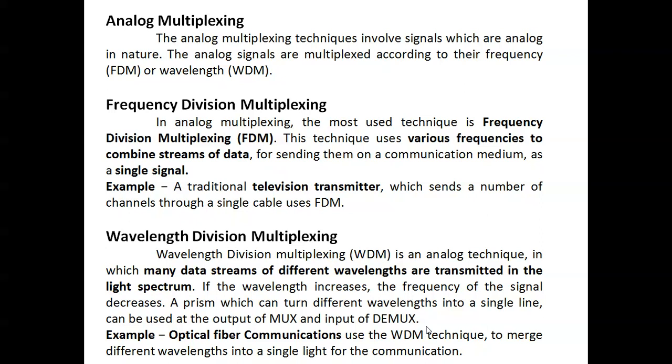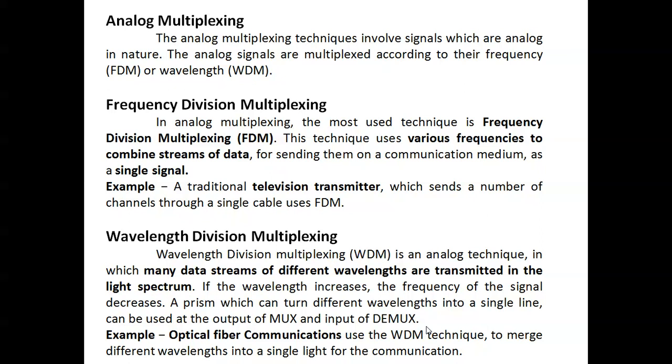In wavelength division multiplexing, various frequencies are combined into streams of data. In telecommunication, they use light signals, the light spectrum. The various light spectra are combined in a stream of data and sent over a communication medium as a single cable, which here is optical fiber.